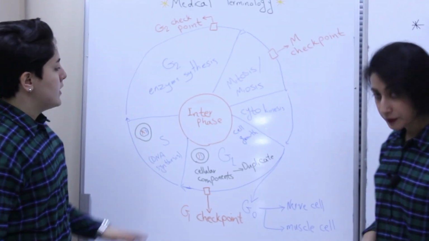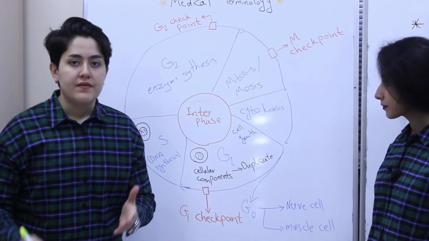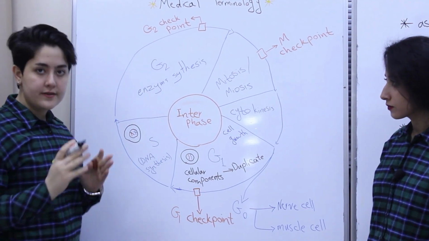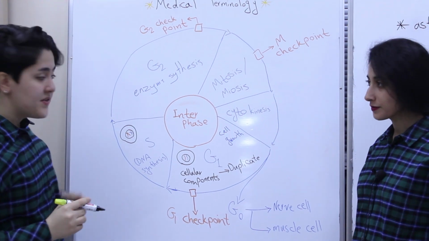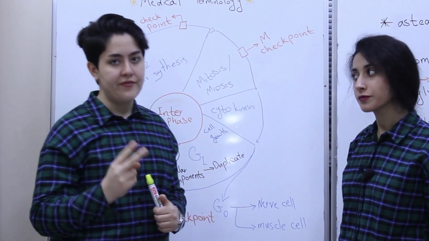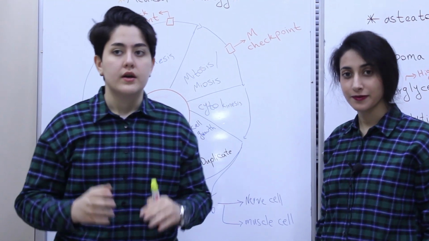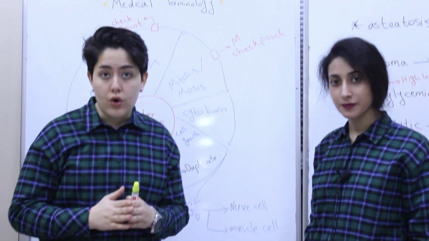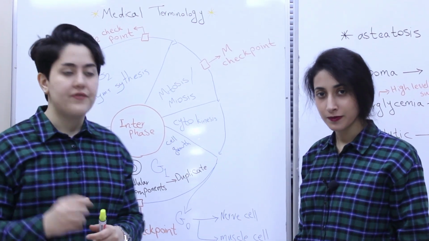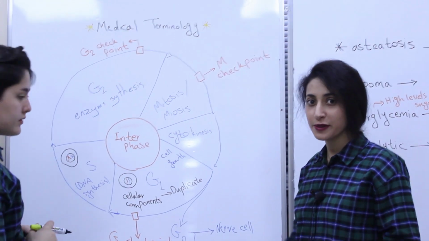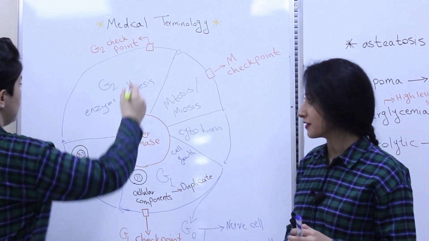about the cell life cycle. The cell life cycle divides into two main phases, which are interphase and the mitotic or cell division phase. As you know, interphase is the major part of the cell cycle.